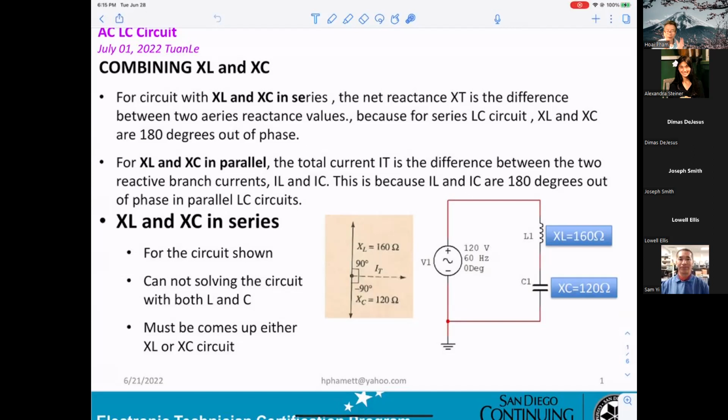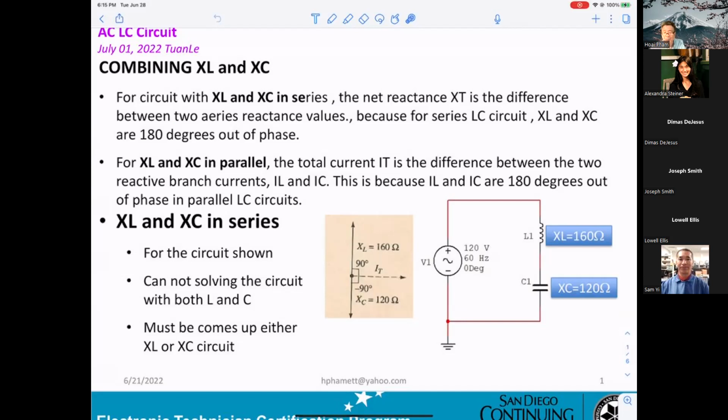So the circuitry will get only one 40 ohm, but that will be XL or XC. The thing is, XL is higher than XC. So again, when you get both XL and XC, you cannot solve any problem.